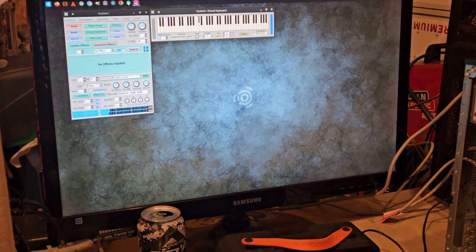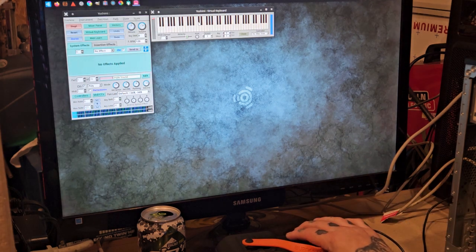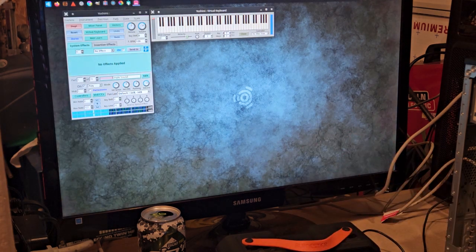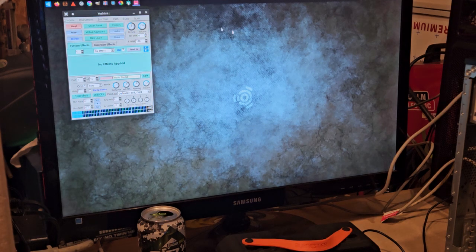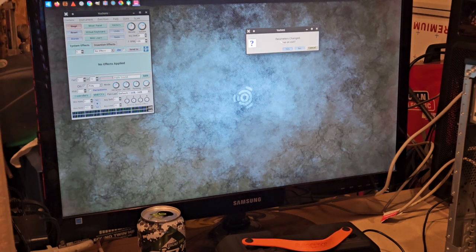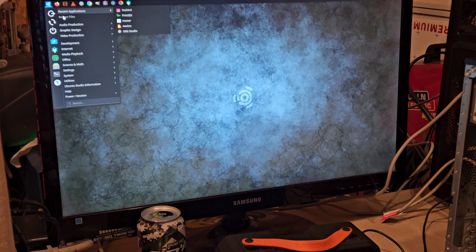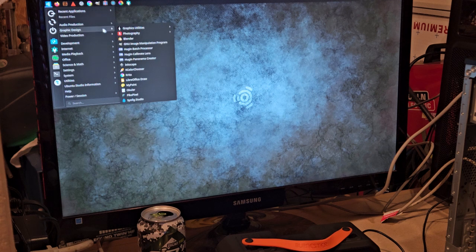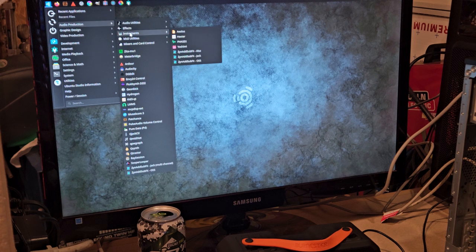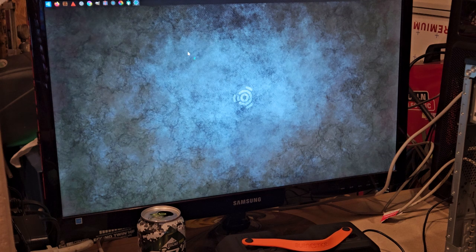Must be really low. I don't know what this is.